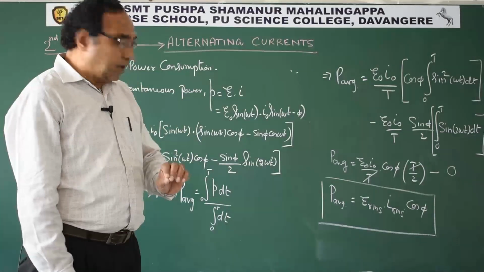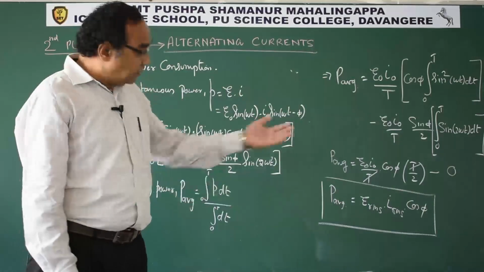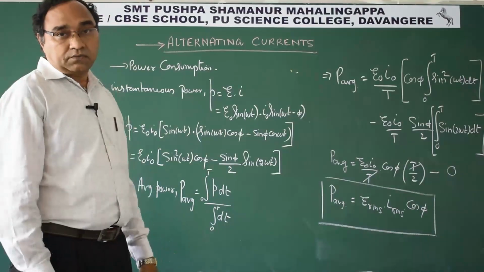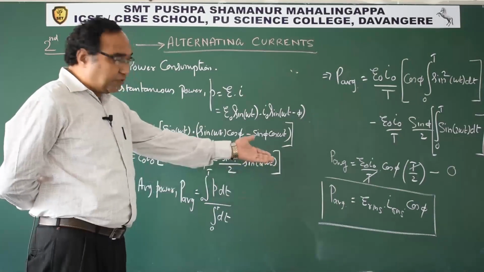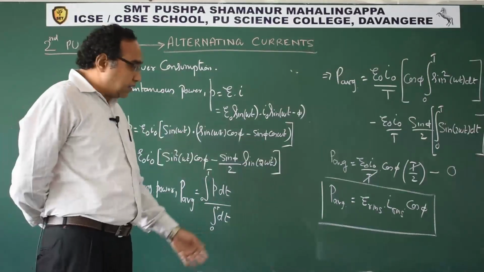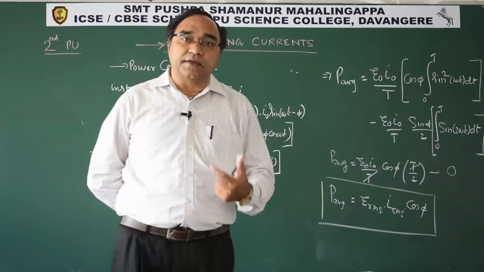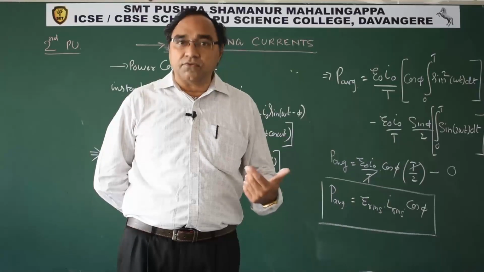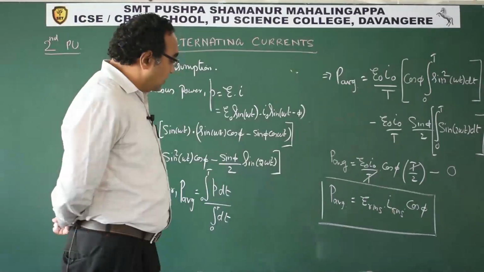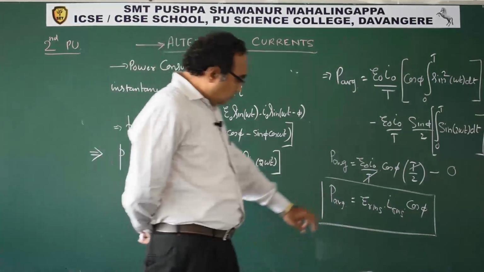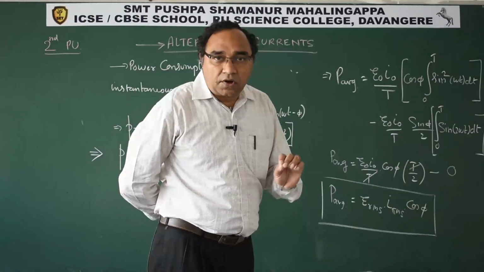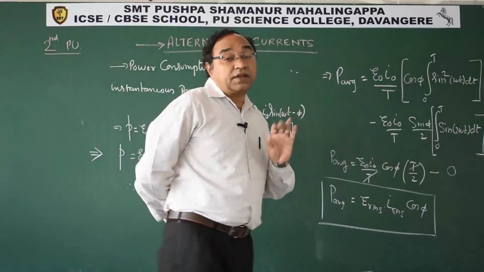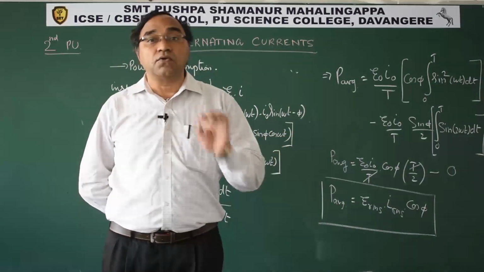The question is how to verify whether this equation is correct or not. Whatever equation you get has to be verified for the given situation. So how to verify this? Let us say we have a purely resistive circuit, R only.